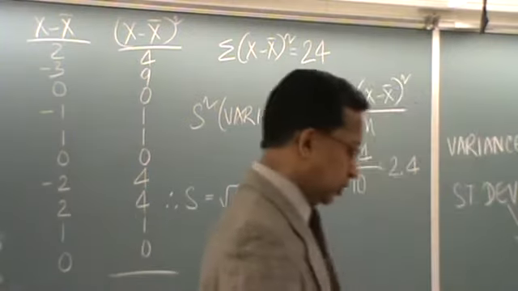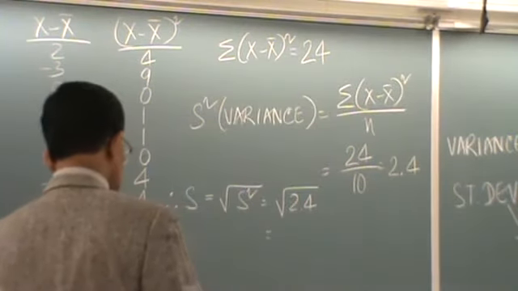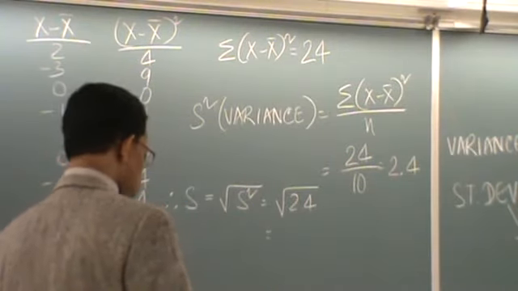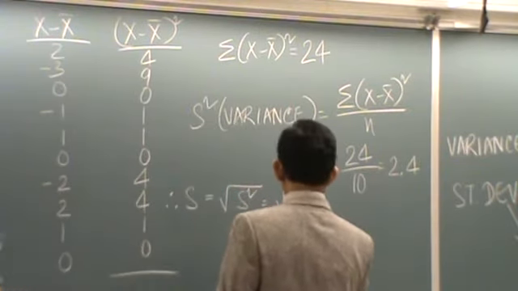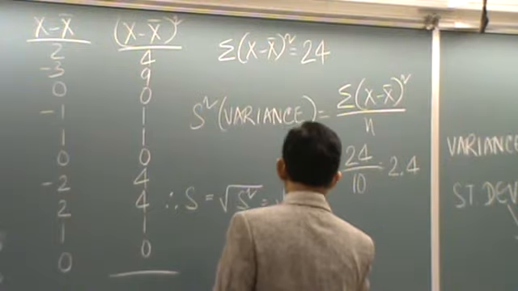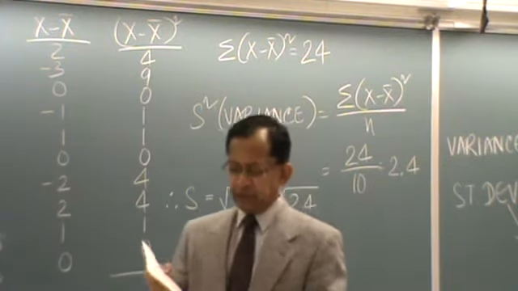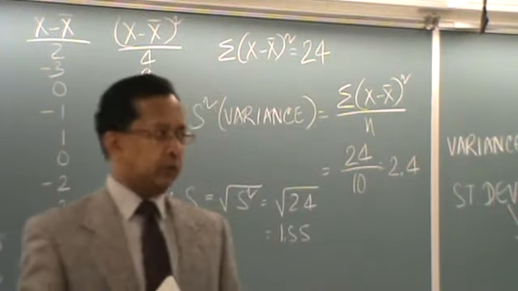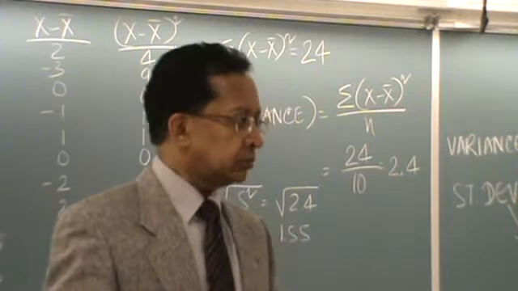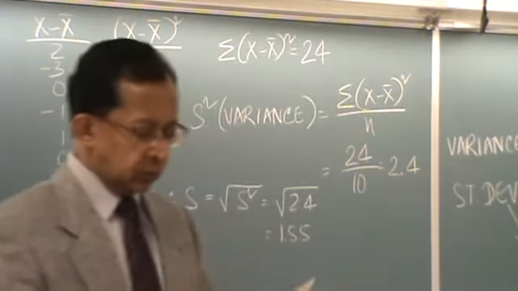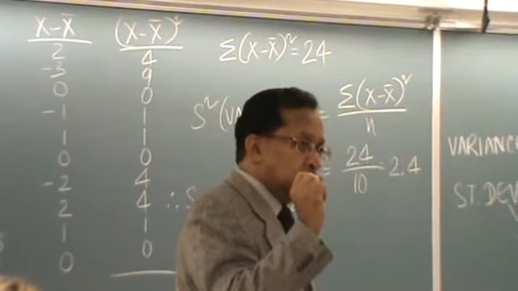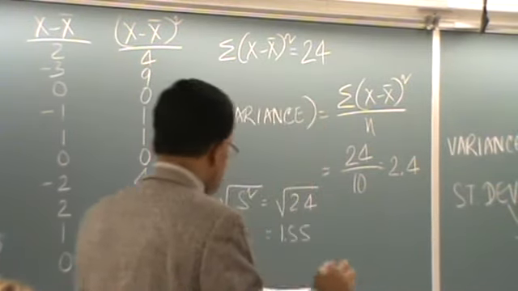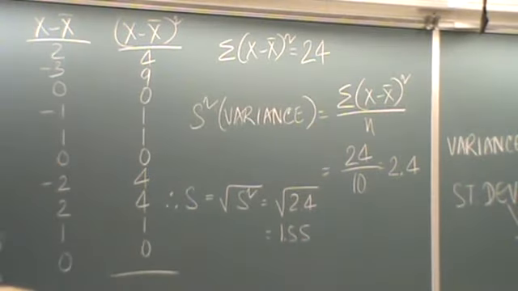Square root of 2.4 is 1.55. Yeah, 1.55. I think next page, if you look at it, I had 1.54. Yeah. Okay. So this is the standard deviation of the data we have from state A.